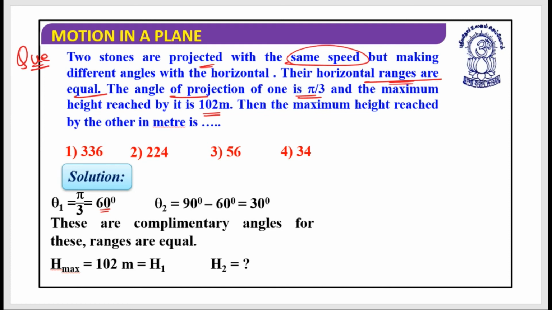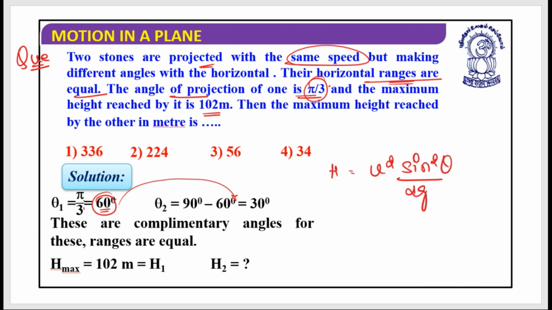The given data is the angle of projection of the first, pi by 3, which is 180 by 3, that is 60 degrees. So the other must be 30 degrees, because the addition of both angles theta 1 plus theta 2 must be 90 degrees. Now you have been given H max, so H is equal to u squared sine squared theta by 2g.